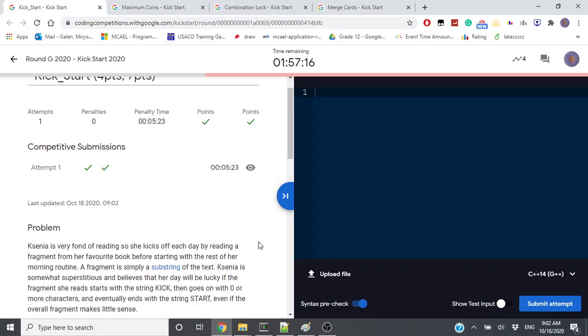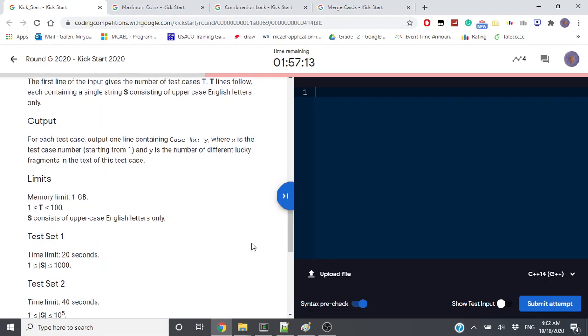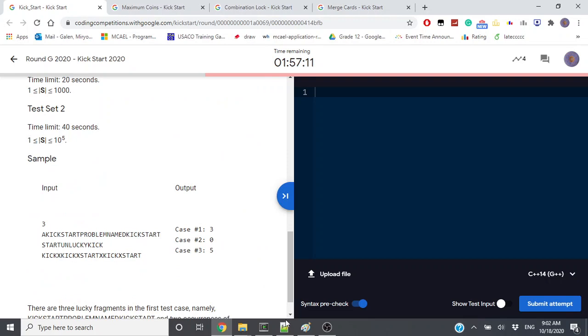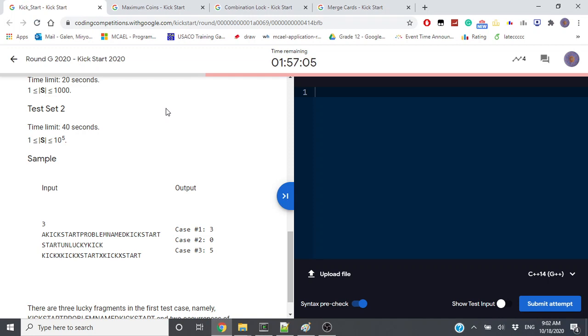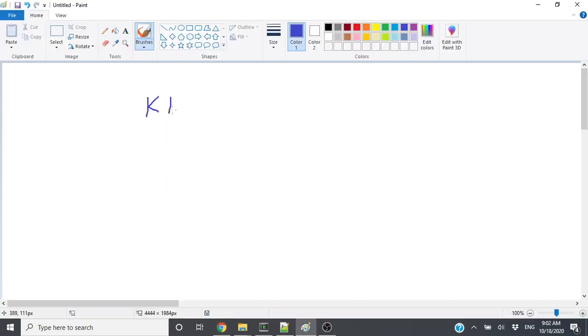Okay, so for the task called kick_start, basically the idea is you have a string and you want to find the number of, let's say for example, let's just consider the string kick start.